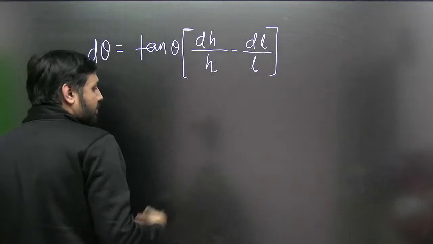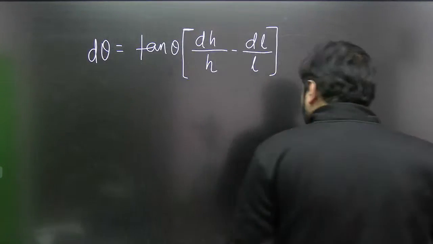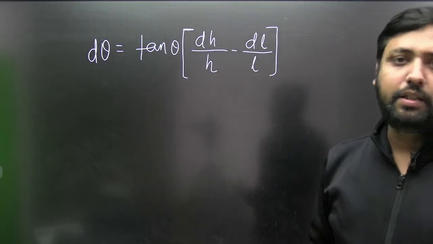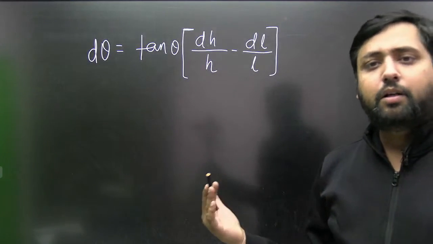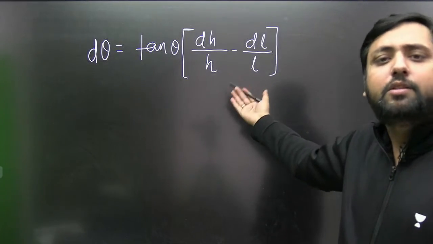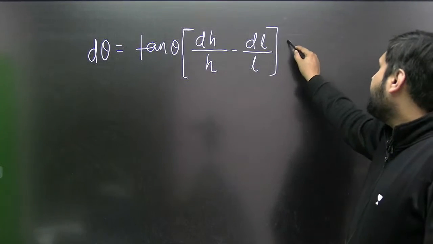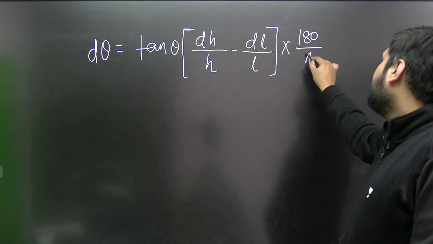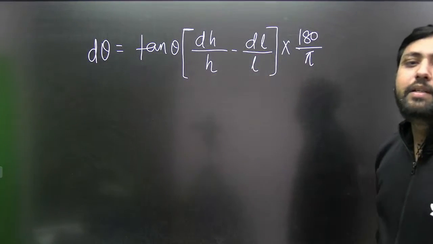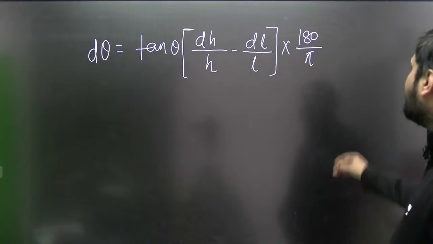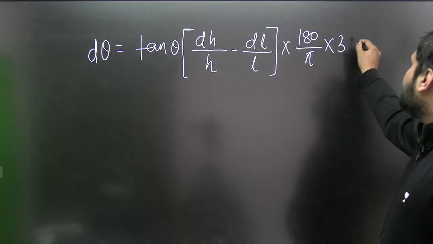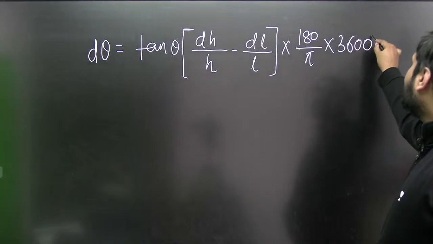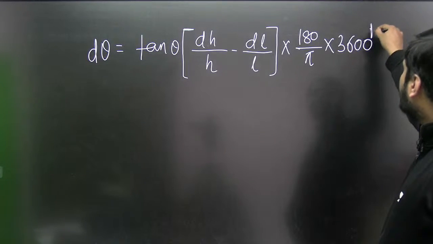What you do is, first you change it into degrees. You know that pi radian is 180 degrees, so 1 radian will be 180 upon pi degrees. So this much radian will be this much multiplied by 180 upon pi degrees. But in degrees this value will be very small. So what we do is, we multiply it by 3600 so that you get this whole value in seconds.